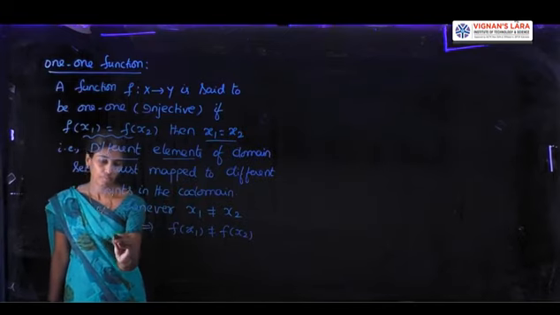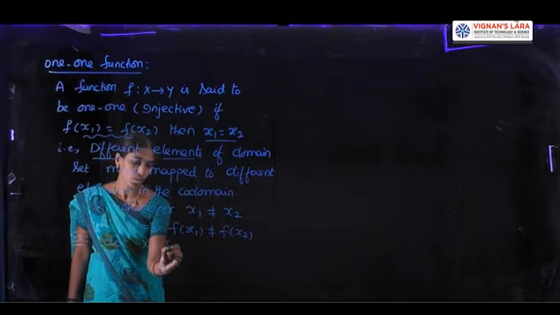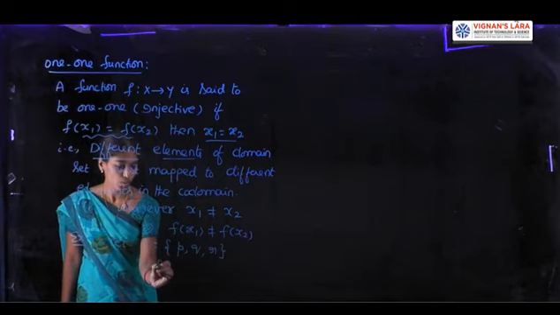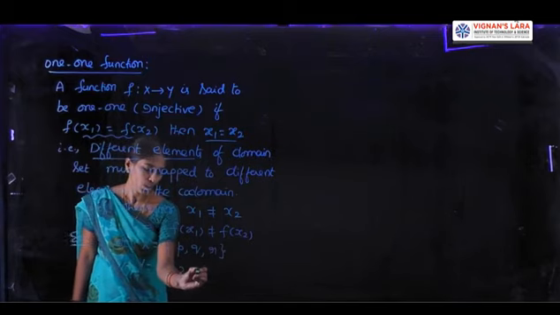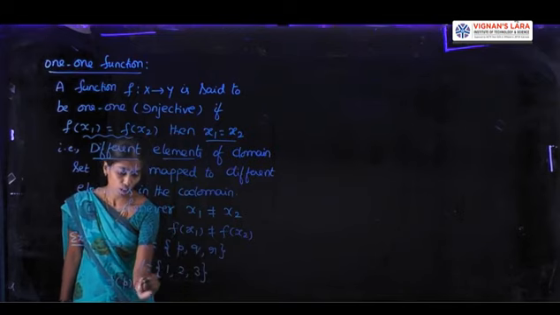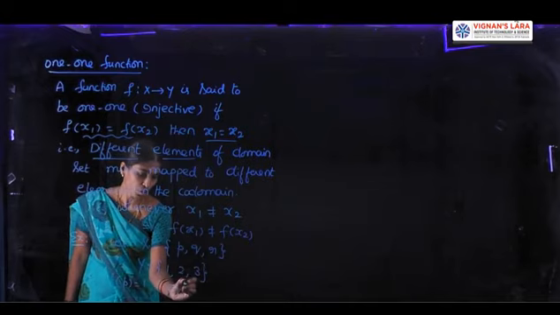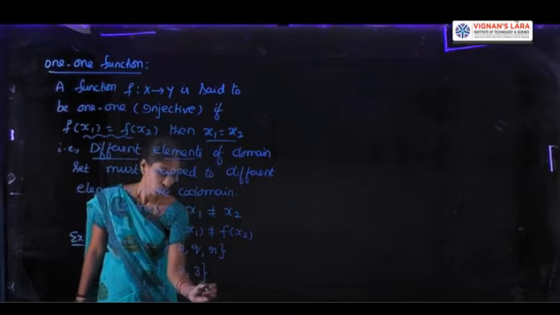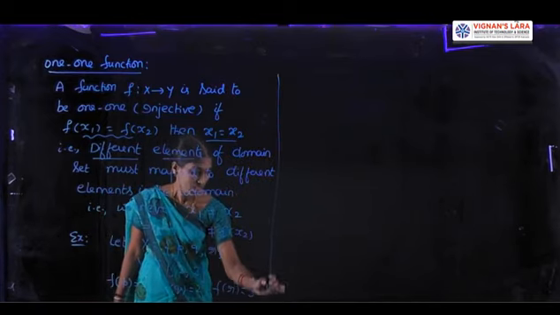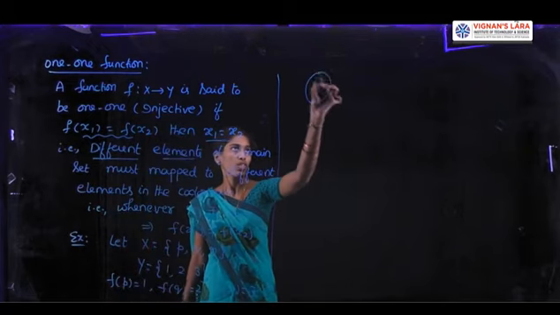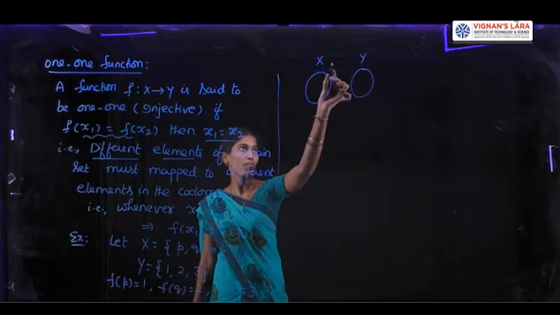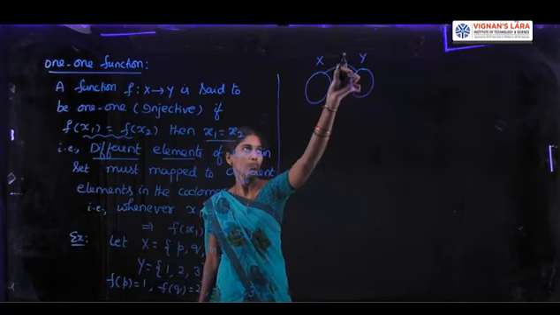Example, let x is equal to the set {p, q, r}, y is equal to the set {1, 2, 3}. If f of p is equal to 1, f of q is equal to 2, f of r is equal to 3. We can represent it in the form of a diagram, where one is the x set, the second one is the y set. f is a mapping from x to y, right?